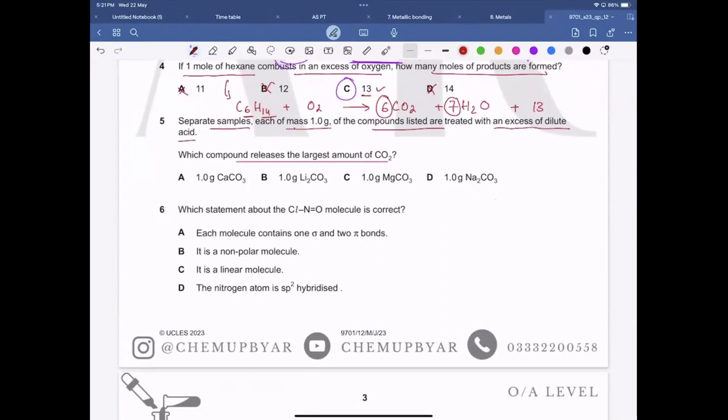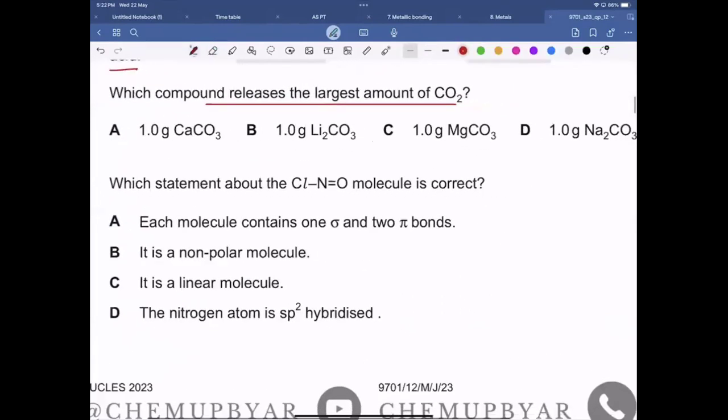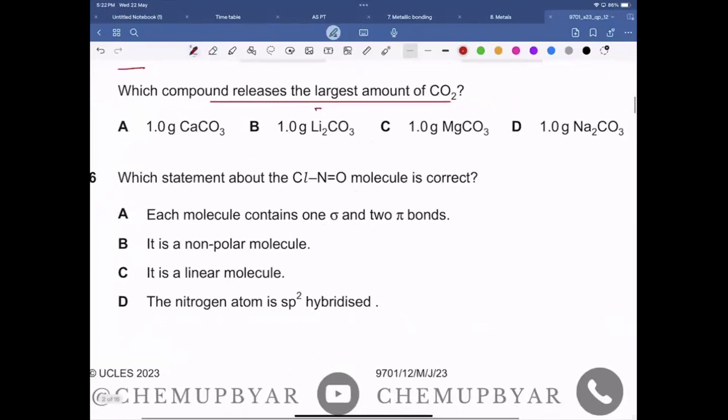Okay, so first thing, if you see, this one and this one are group 1 carbonates, and these two are group 2 carbonates, right?